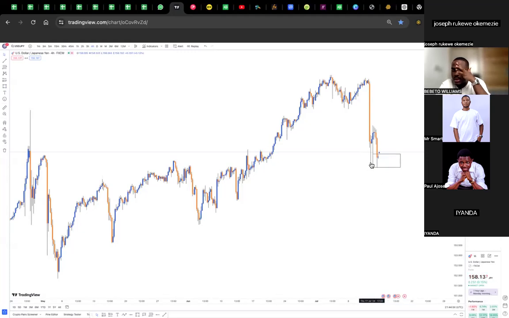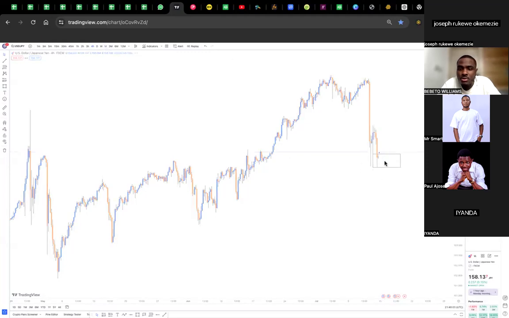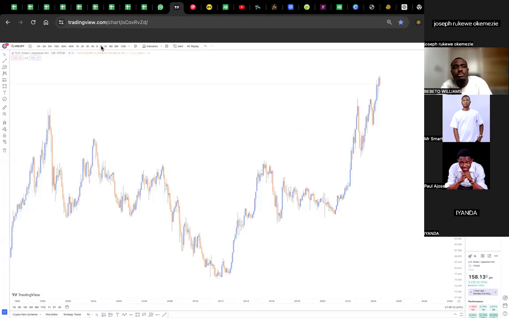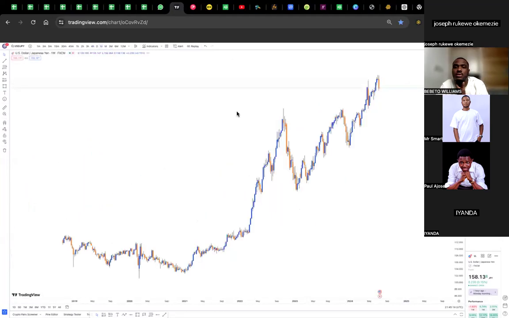On the 4 hours time frame, that's a very good entry for a buy, guys. I know the market is on an uptrend, and the weekly time frame is not giving me any sign of reversal yet. So the market is going to buy. USD JPY is buy, please. More buys this week for USD JPY.